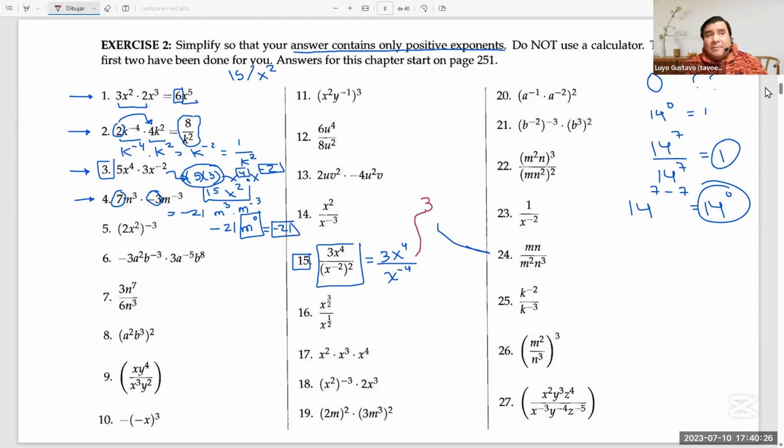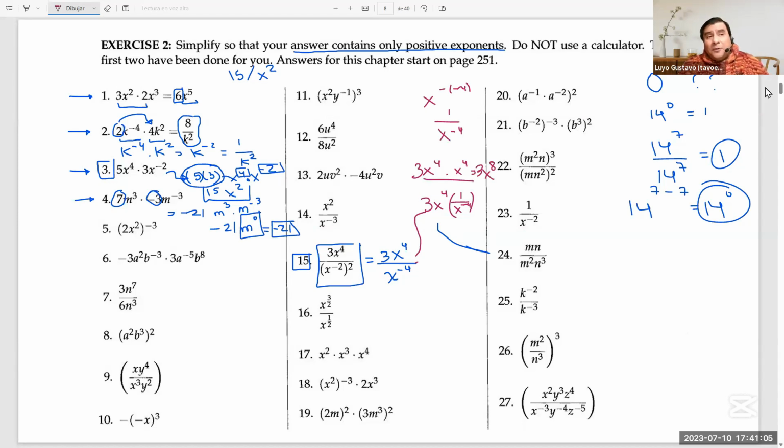So say that this is the same as 3 times x up to 4 times 1 over x up to -4. And so this would be the same as saying 3x up to 4 times x up to 4, because you can understand that this negative exponent would be the inverse of this. If that's the case, this would be x up to 8. So 3 times x up to 8.